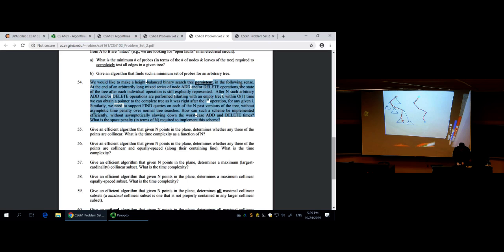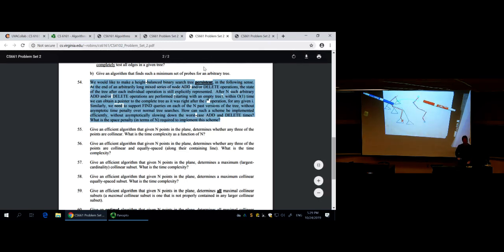So what I'll do is I'll just create pointers. Instead of copying this subtree to here, because it didn't change, I can just point to it. And logically it's the same.